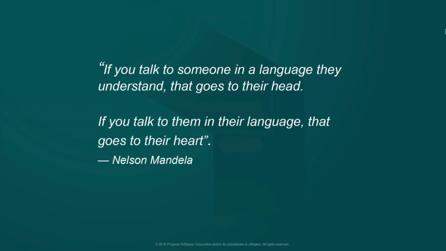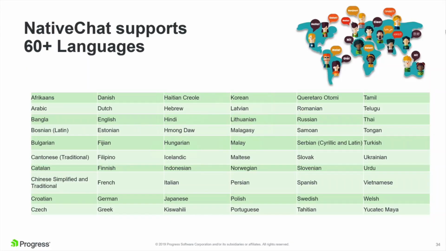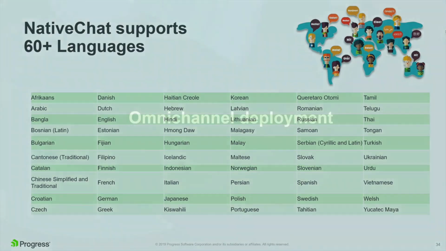If you talk to someone in a language they understand, that goes to their head. If you talk to them in their language, that goes to their heart. This is why Native Chat supports more than 60 languages, and we're looking into expanding this even further. Here is a full list of all languages that Native Chat bots can speak.